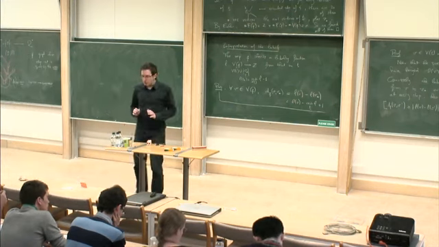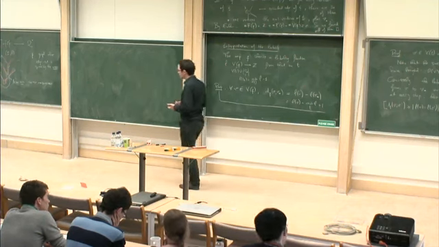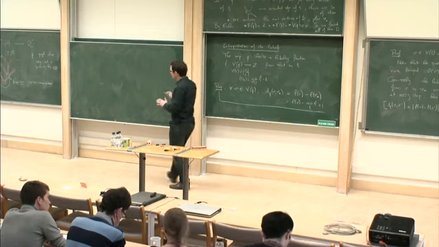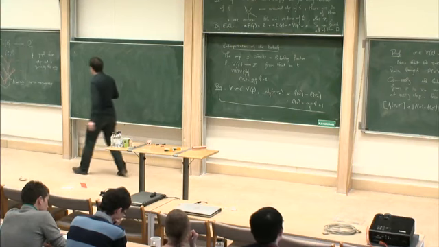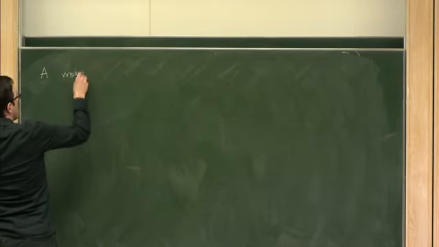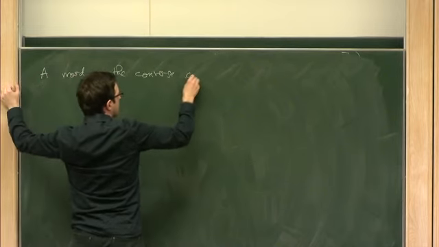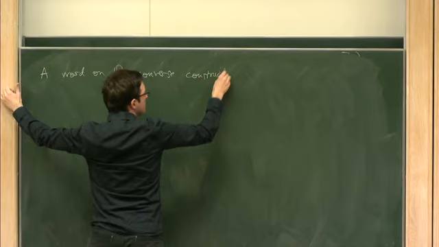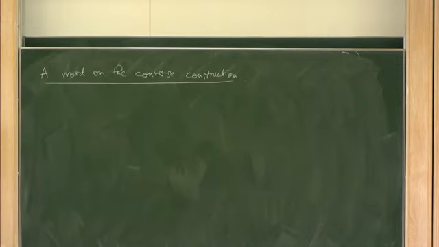Someone like Gilles Schaeffer would be more entitled to say how you actually produce these bijections, but I'm going to try to give you a little bit of geometric intuition about how it works. So, a word on the converse construction. We are not going to need it, by the way, but I think it's an interesting story.